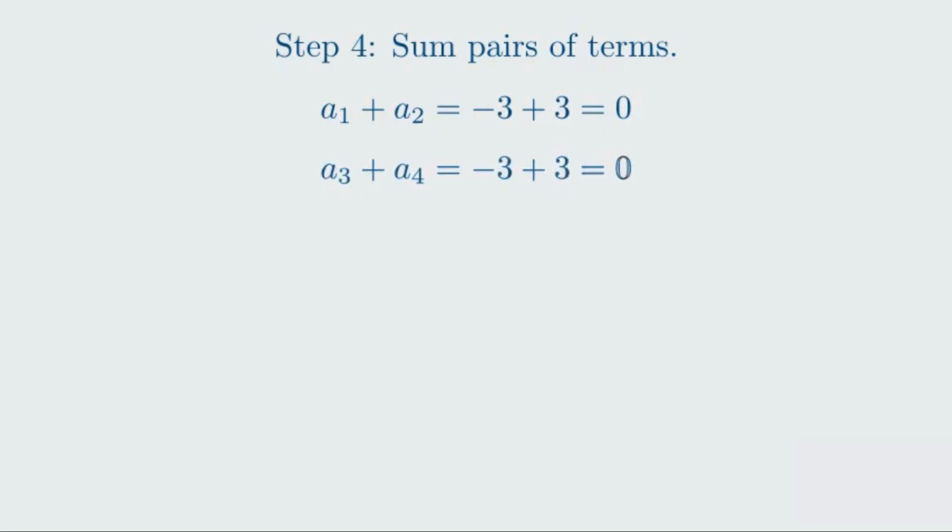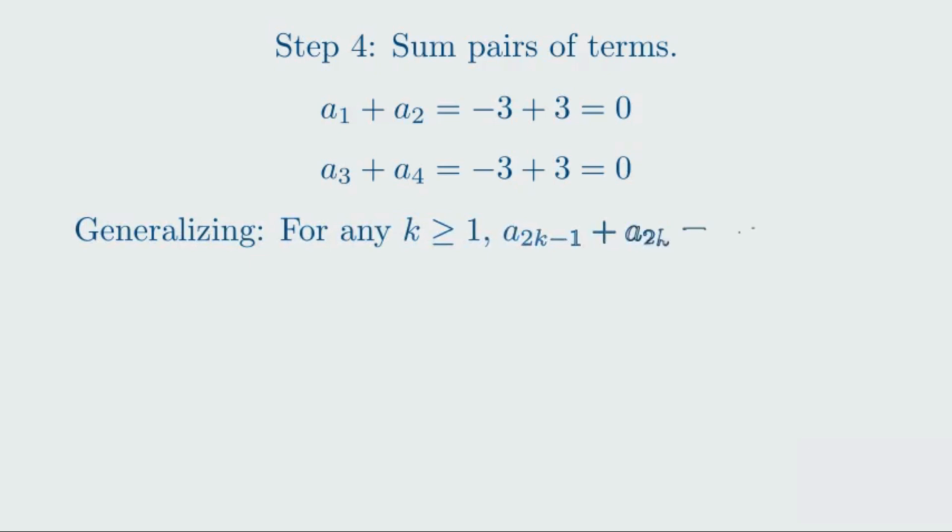The sum of any pair of consecutive terms, where the first term has an odd index, is always 0. This is because every odd index term is -3, and every even index term is 3. Generalizing, for any positive integer k, the sum of a sub 2k minus 1 and a sub 2k is -3 plus 3, which is 0. This pair summing to 0 is the key to solving the problem efficiently.